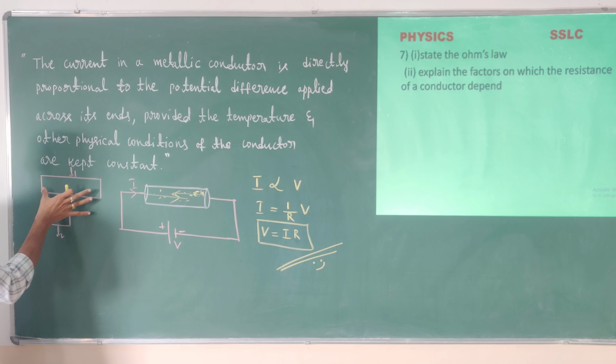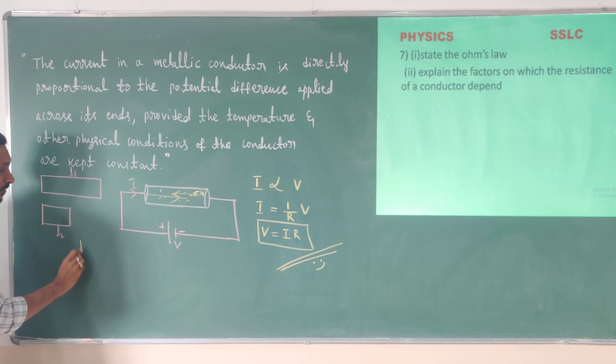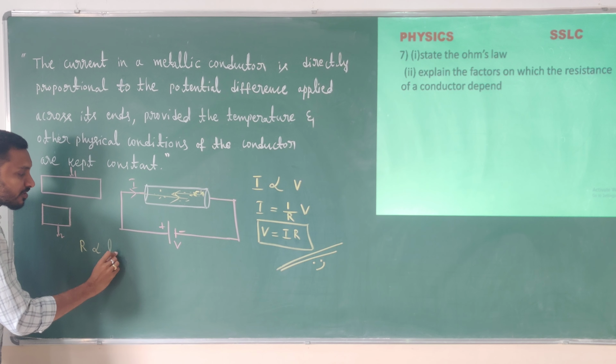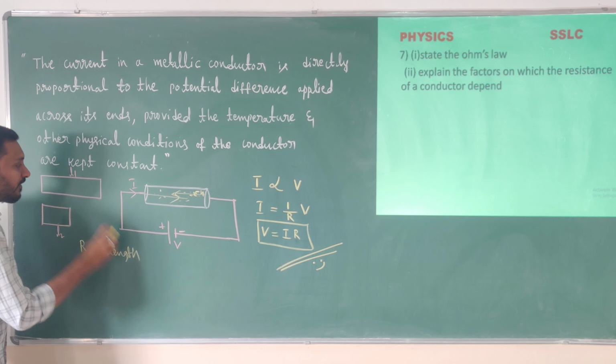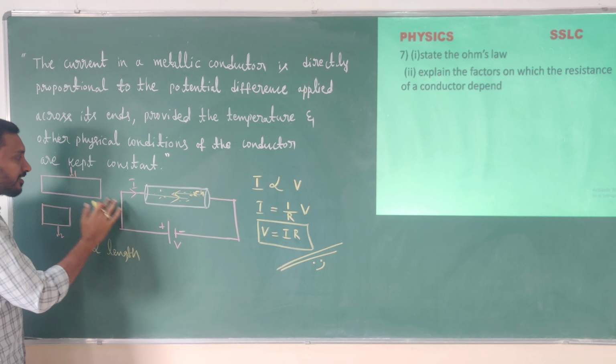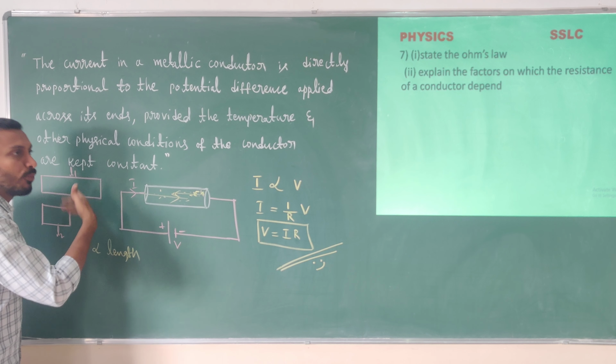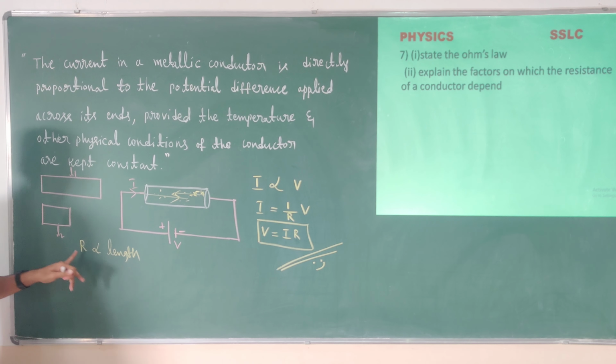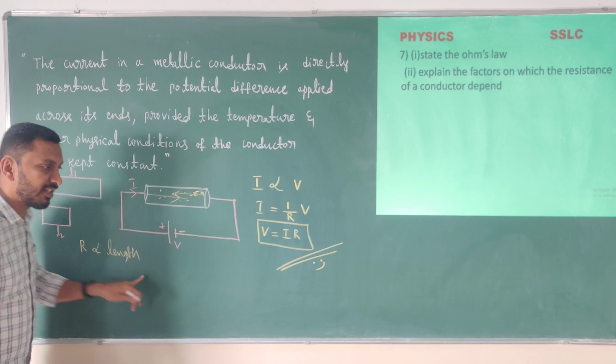The resistance depends on its length: resistance is directly proportional to length. If length increases, resistance also increases; if length decreases, resistance also decreases. If the area is constant and the length changes, then resistance also changes. When length increases, more collisions occur, so more resistance.